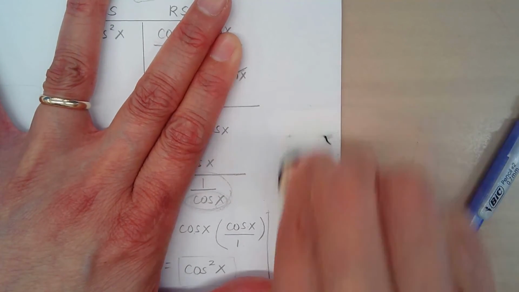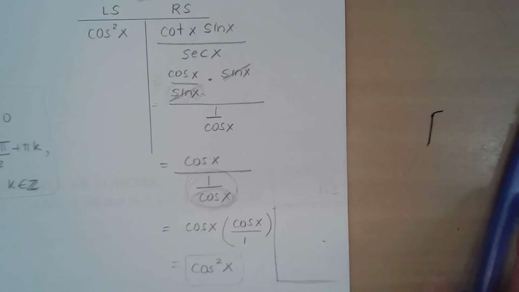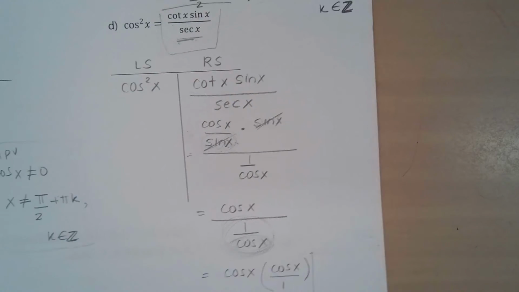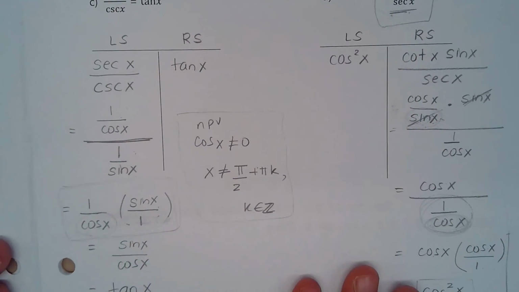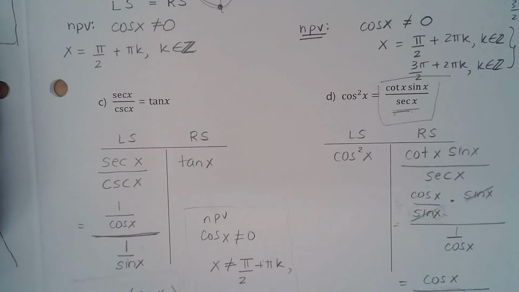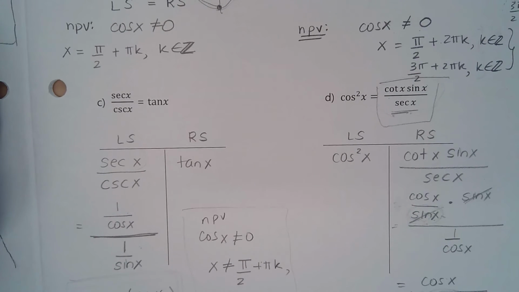Now let's take a look at letter C. Okay. So we're going to graph secant of x divided by cosecant of x.